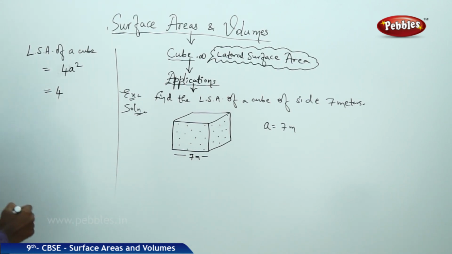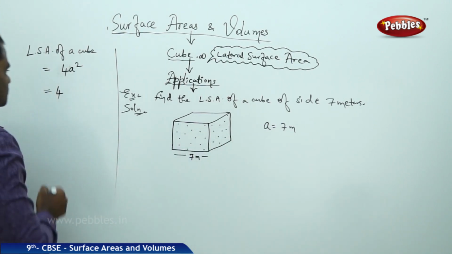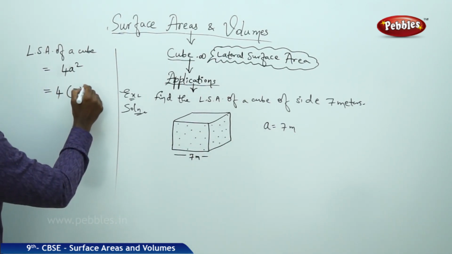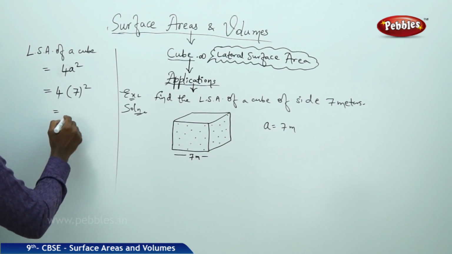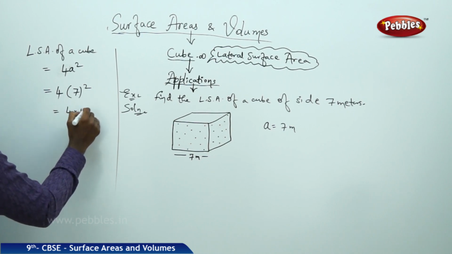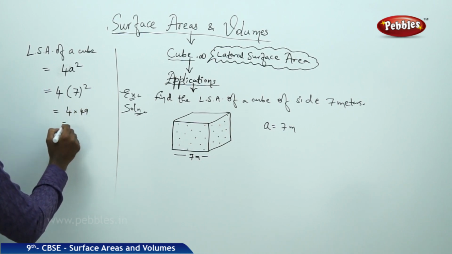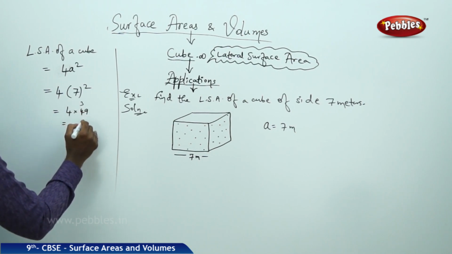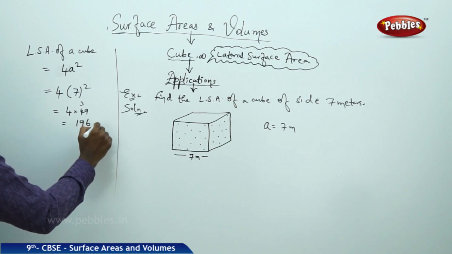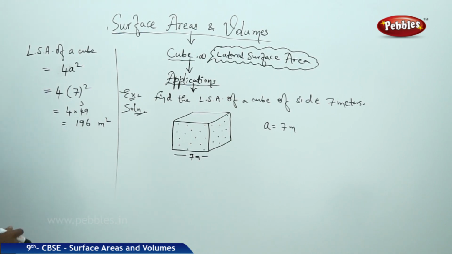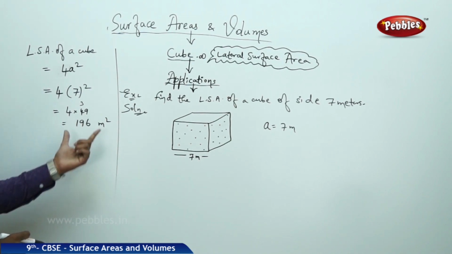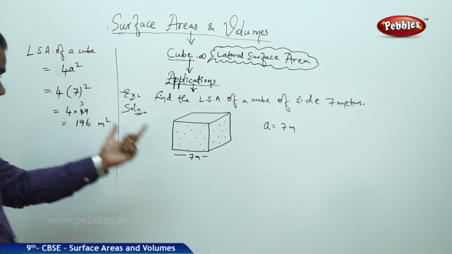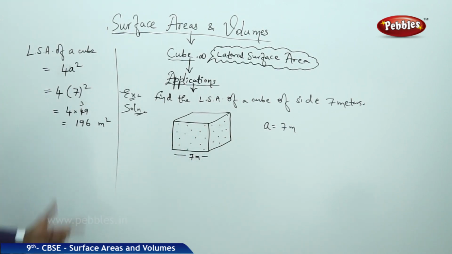Now that we know the value of A is 7, I just substitute the value of A. 7 sevens are 49 meter square, and 4 times 49 gives us 196. So here the lateral surface area of this cube is 196 meter square.